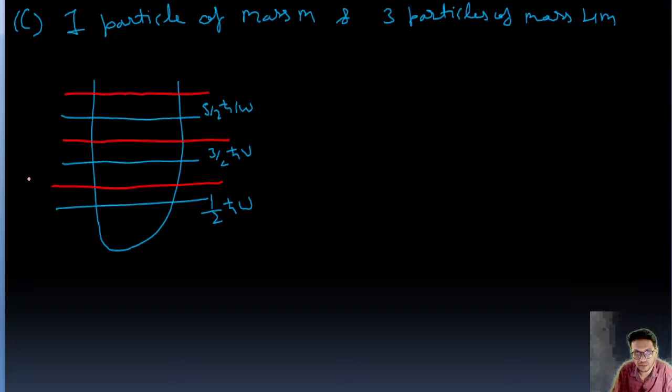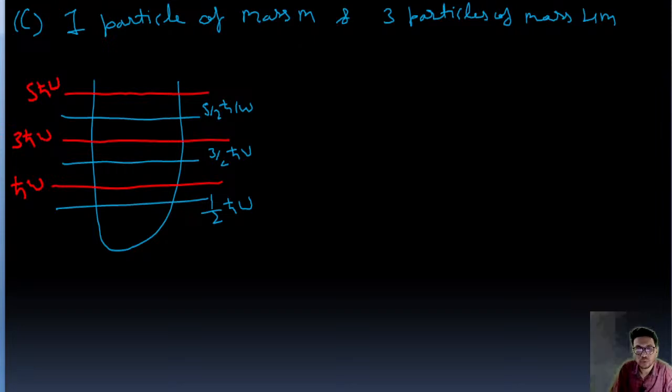This is the ground state for that, then 3ħω, 5ħω, and so on. These are the ground state energy levels for mass 4m, which I have shown in red ink, and in blue are the energy levels of the particle of mass m.